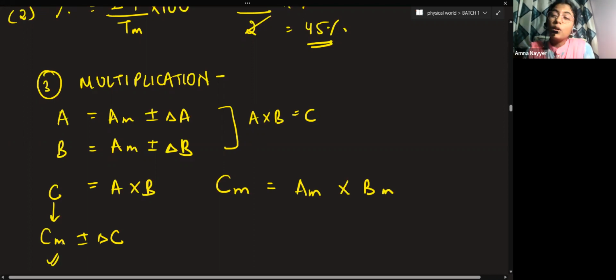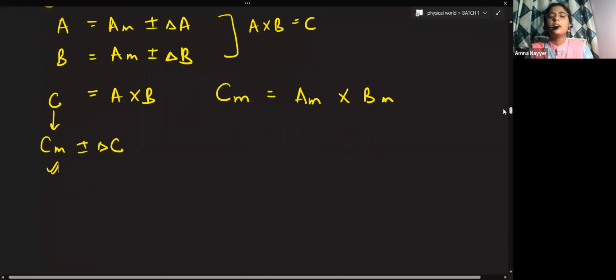But calculation of delta C is a little tricky. Not tricky, it just involves minute calculations. You write delta C divided by CM. Means what? Delta C divided by CM is equal to delta A divided by AM.